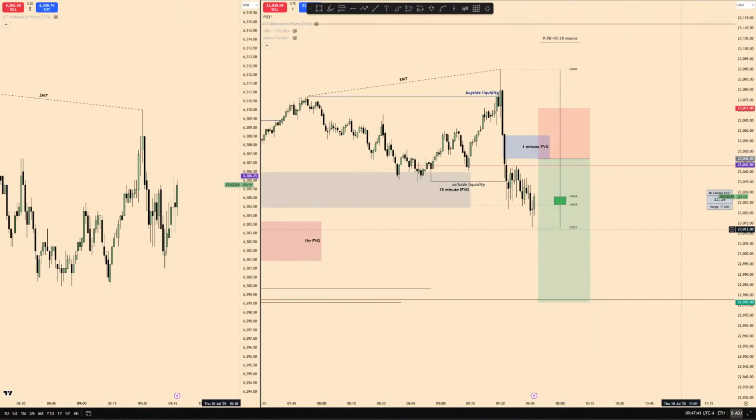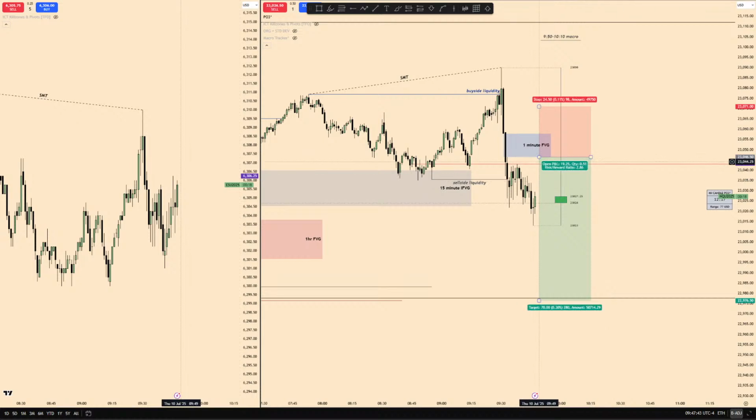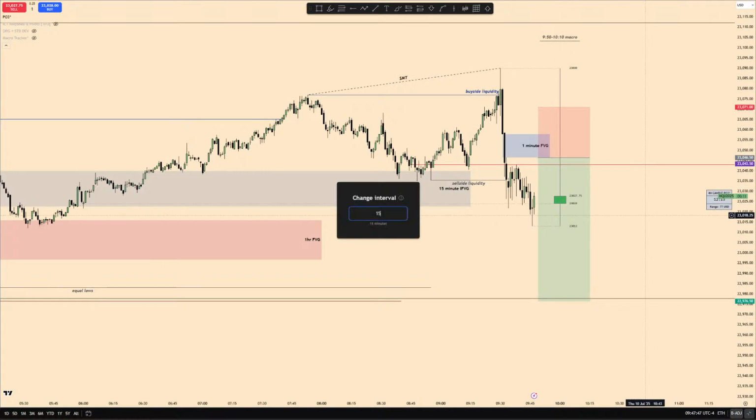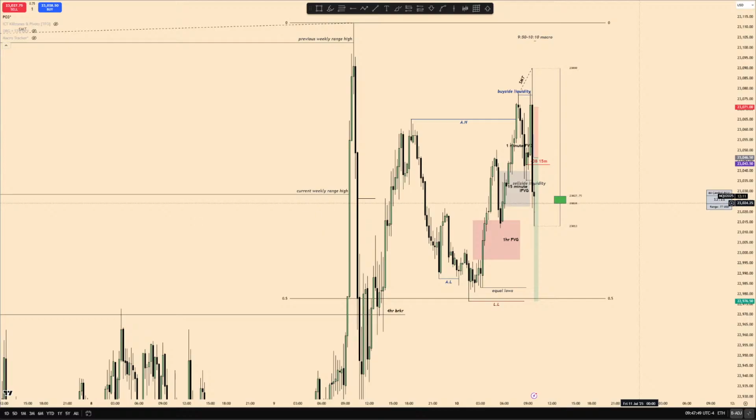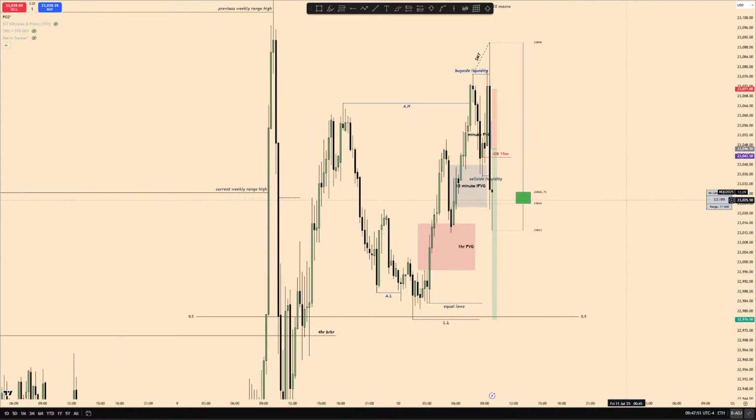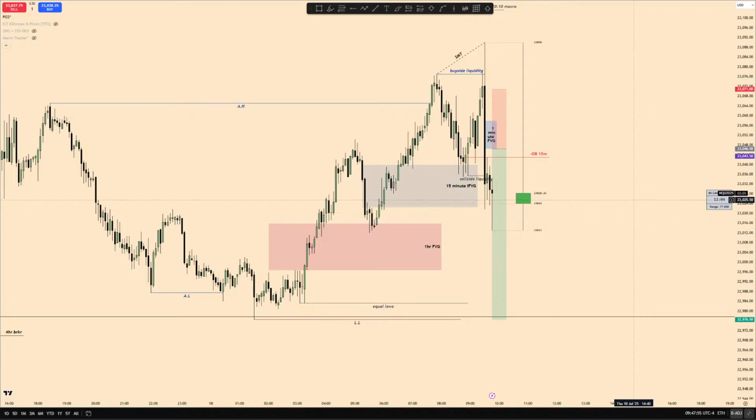Yeah, so I'm gonna be cautious. I wouldn't enter on the tap of that right now, especially with the reaction of ES and YM. They should have also followed through.